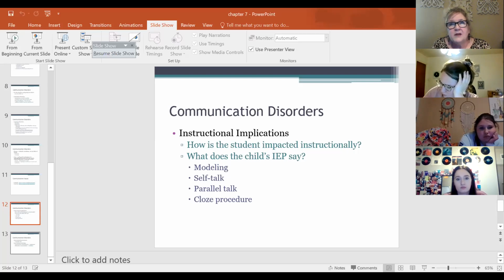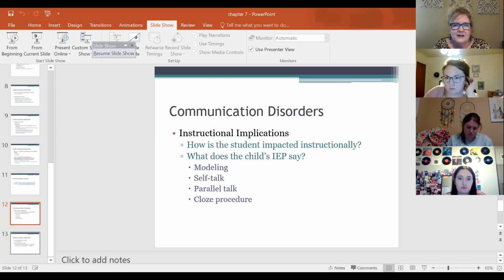So give them oral fill in the blank. That's what the cloze procedure is. It's kind of a fill in the blank with the right answer left out, with different opportunities for them to put the correct answer in the blank space, whether that's on paper or just in conversation, and give them lots of opportunities to self-correct, to model other kids, and to fill in the blank, if you will, with the right answer.